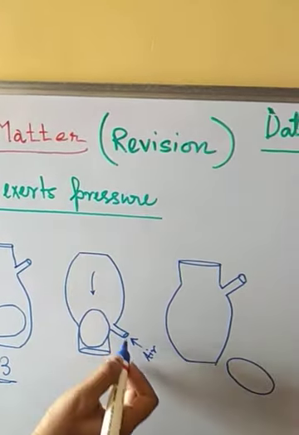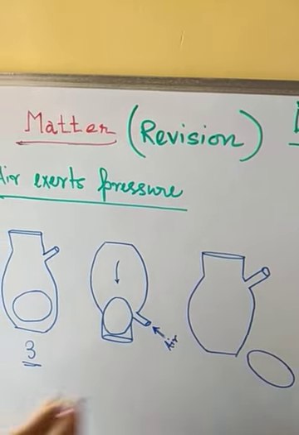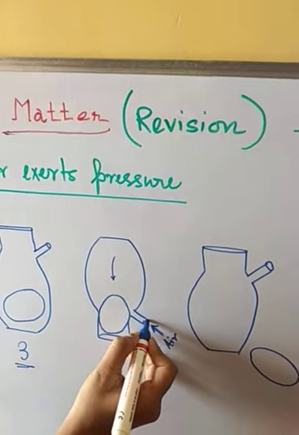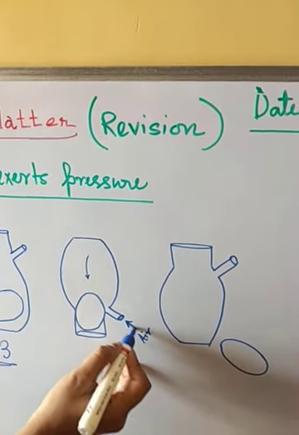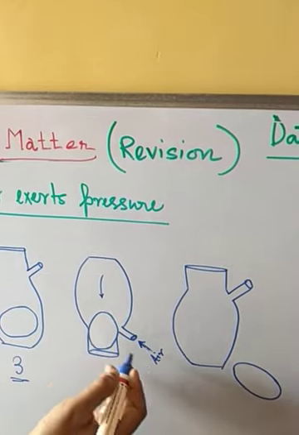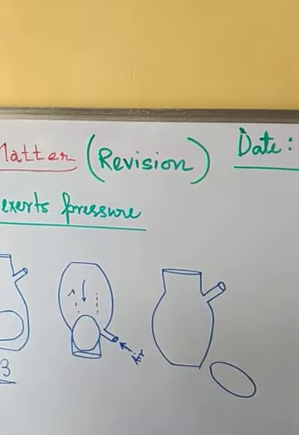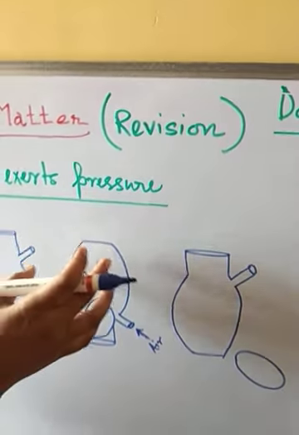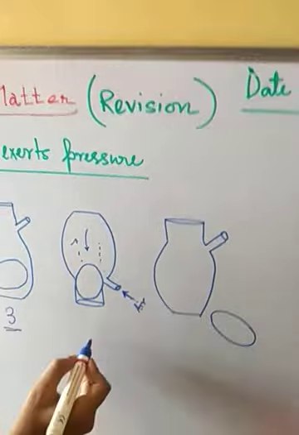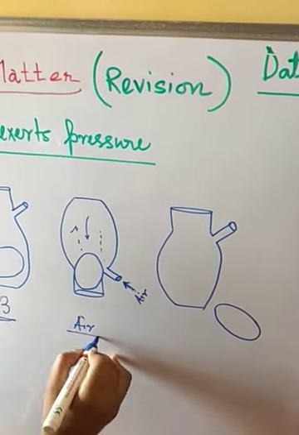Now what we will do is invert the bottle and blow air through this side opening. Okay, as we are blowing air through this side opening, air will get inside the bottle, and now the pressure inside the bottle is more than that of the air outside of the bottle.